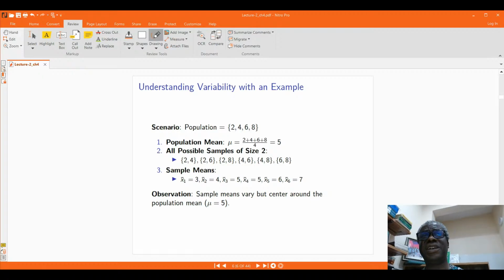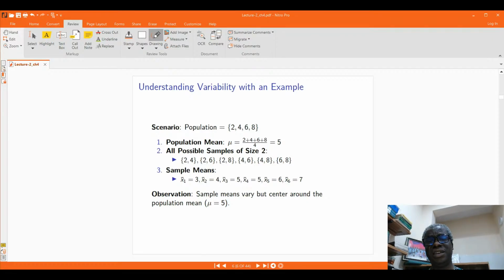The first person has 2 naira in the pocket. The second has 4 naira. The third 6 naira. The fourth 8 naira. So that represents the population.